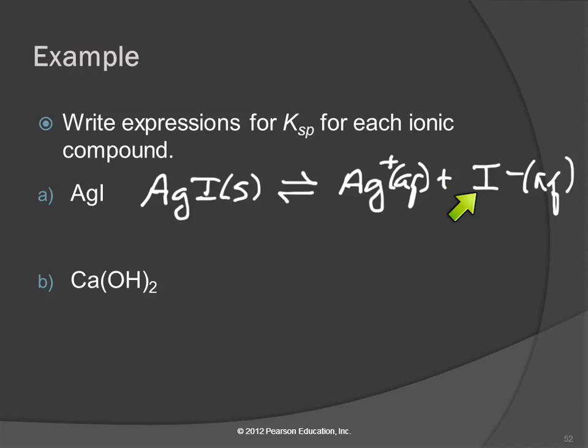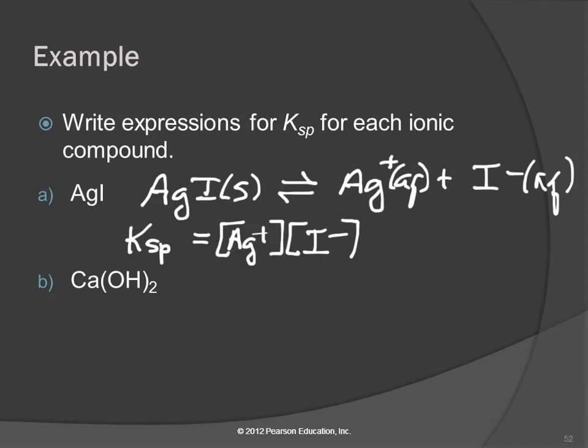There's one silver ion and one iodide ion because these subscripts are ones. We just didn't write them. So then this is a solid. We don't include that in the Ksp. So Ksp equals the silver ion concentration times the iodide ion concentration.